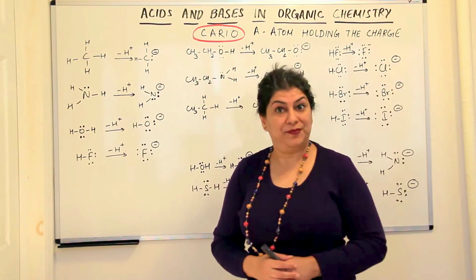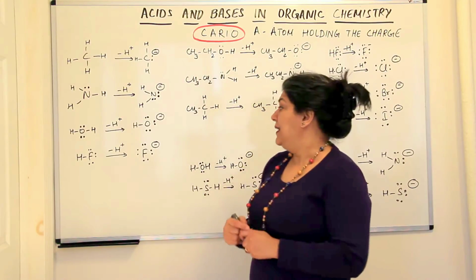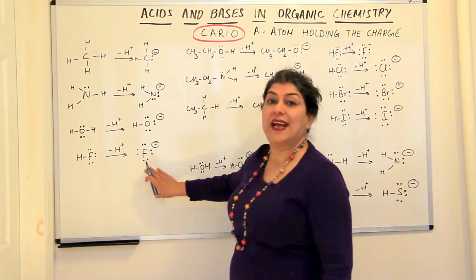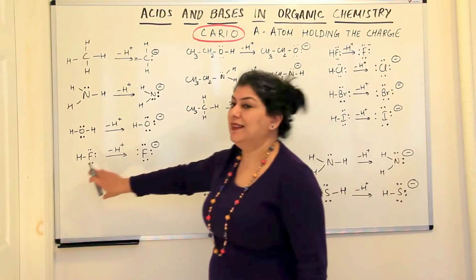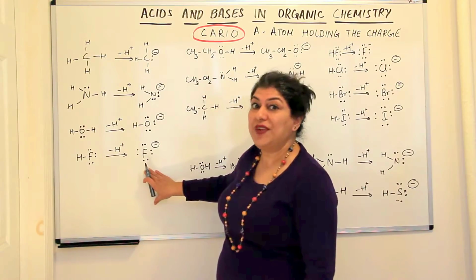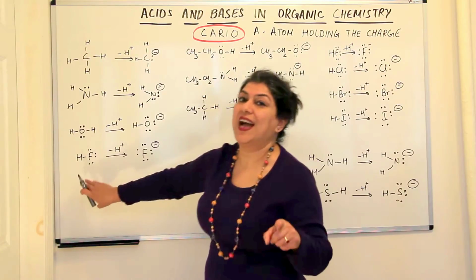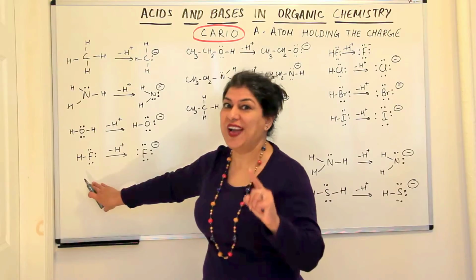And you remember what I told you? On the basis of stability, if the conjugate base is stable, it means that it will not react. It is a weak base. If it's a weak base, the acid should be a strong acid.